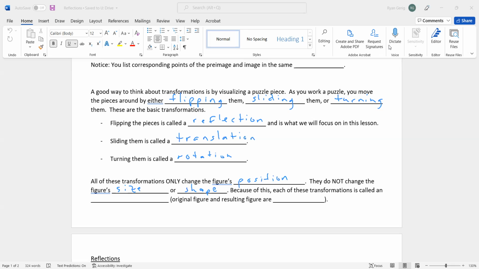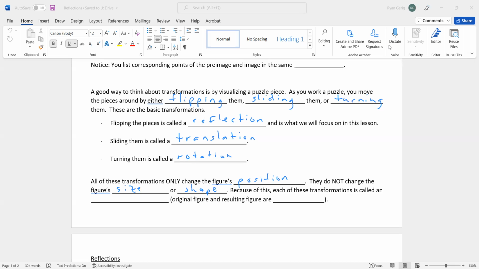A transformation is a change in position, size, or shape. These 3 are only a change in position, not size and shape. The 4th one, which I don't think we're going to get to this year, but we might get to in future years, is a dilation. That does change the size, okay?